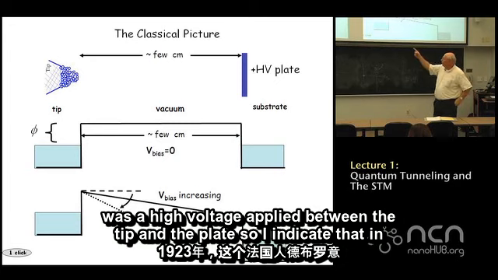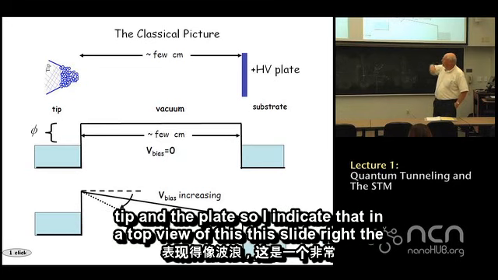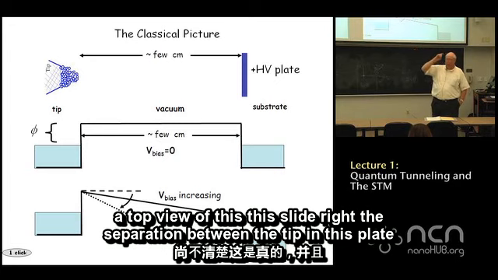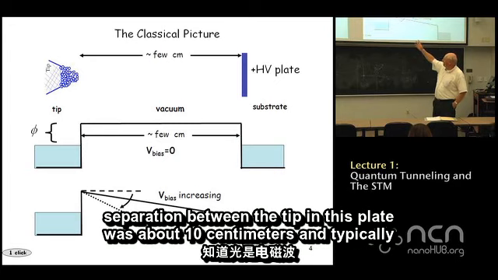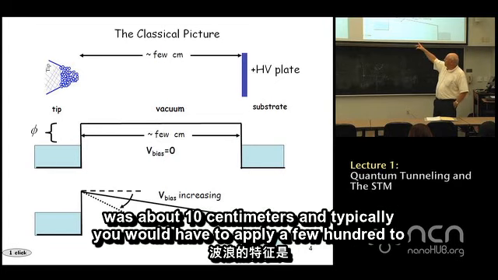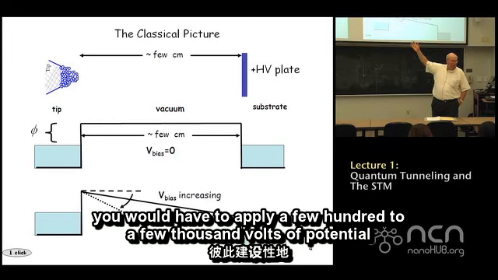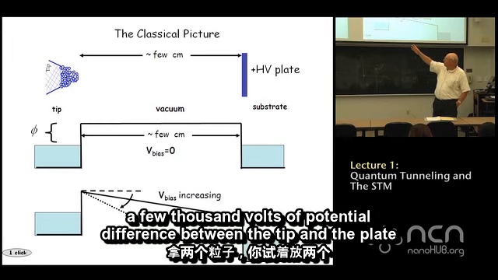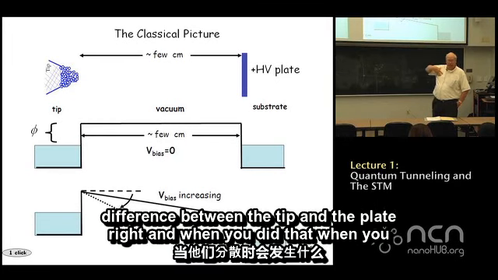So I indicate that in the top view of this slide, right? The separation between the tip and this plate was about 10 centimeters. And typically you would have to apply a few hundred to a few thousand volts of potential difference between the tip and the plate, right?